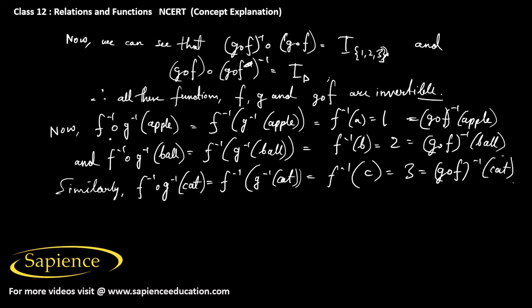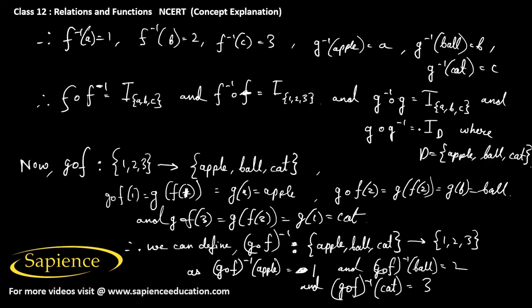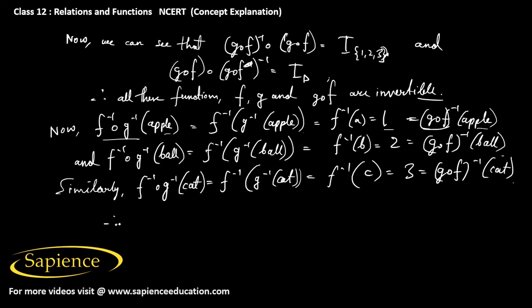So hence we can see that the outputs of these functions come out the same when the input is any element from the set D, which we have defined. Therefore, g of f whole inverse is equal to f inverse of g inverse.